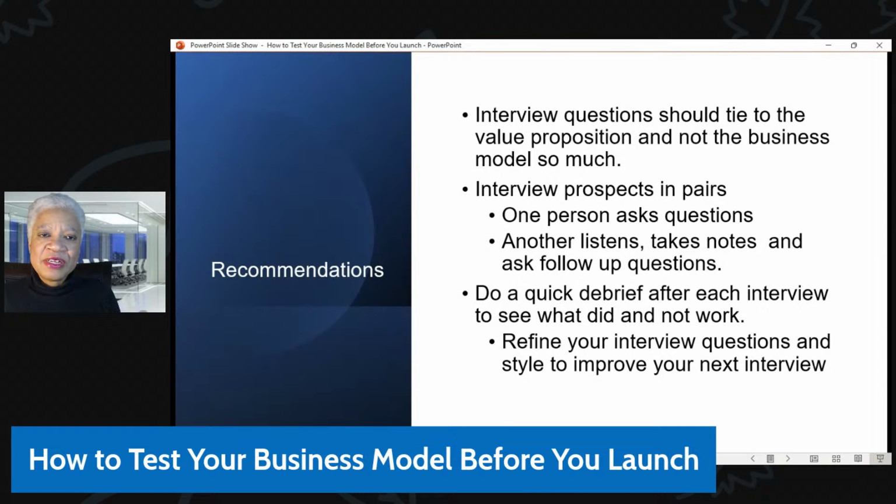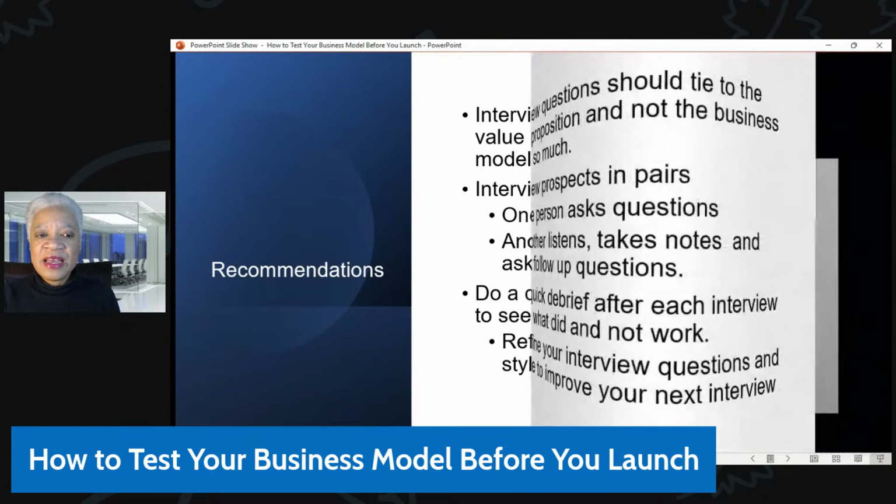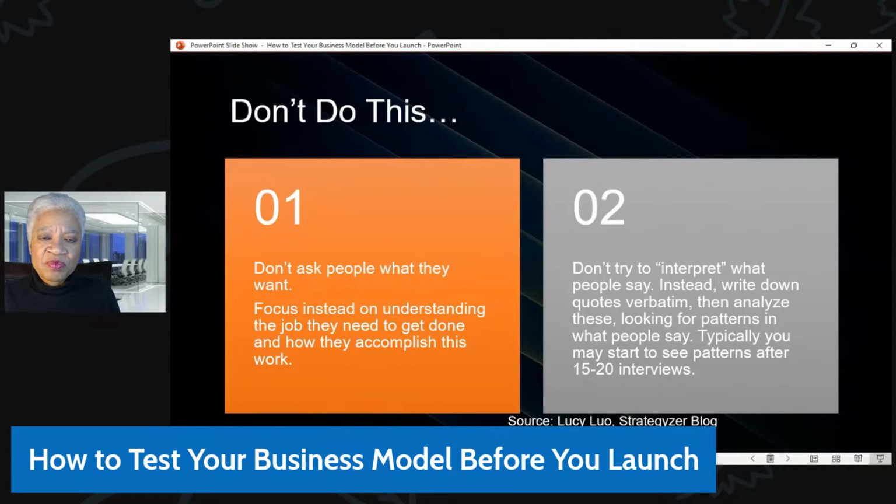All right. And then after each interview, you and your partner would want to go and debrief, see what kind of information you were able to get, and then use that information to actually improve on the content of your interview, the way you ask your questions, and all of that stuff.